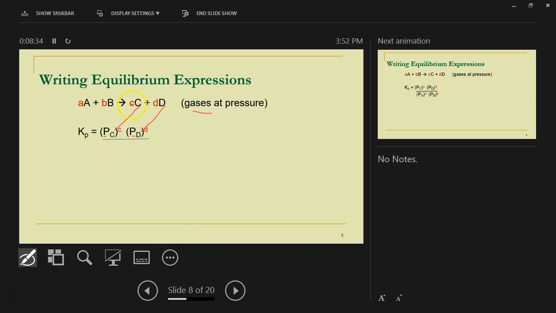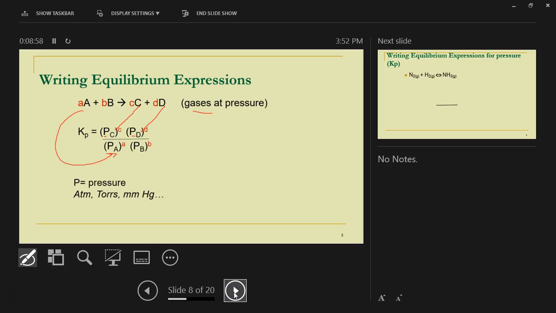The reactants are going to be underneath here. So it's products over reactants raised to the power of their coefficients. So you've got to be able to balance an equation. They're going to give you pressures in atmospheres or torr or millimeters of mercury or kPa or any of those possible pressure units that we used back in gas laws.